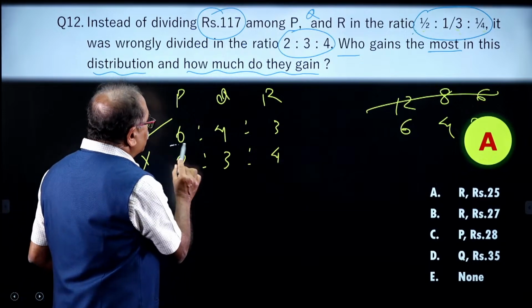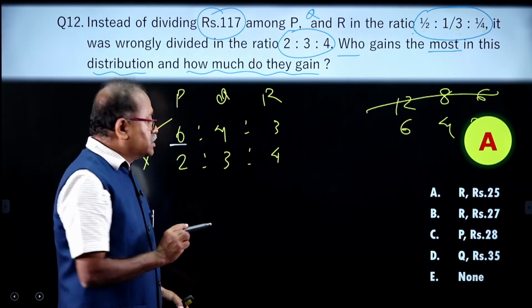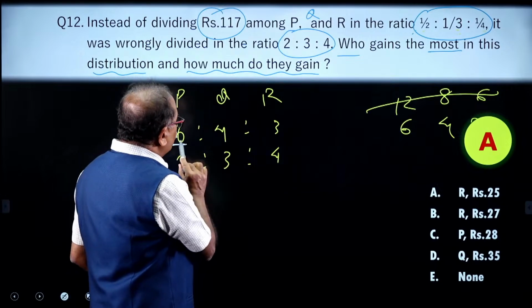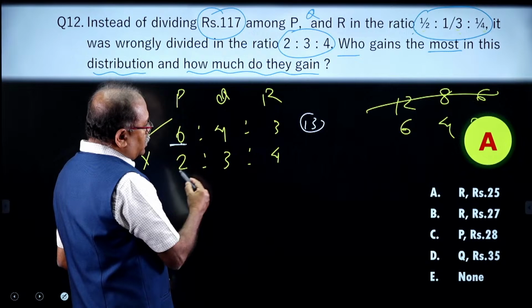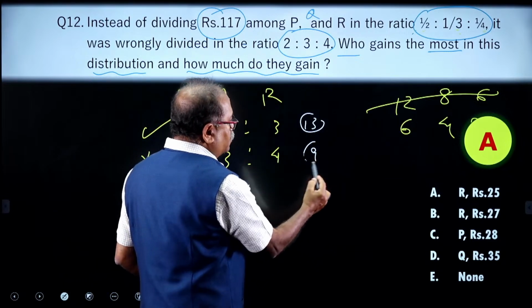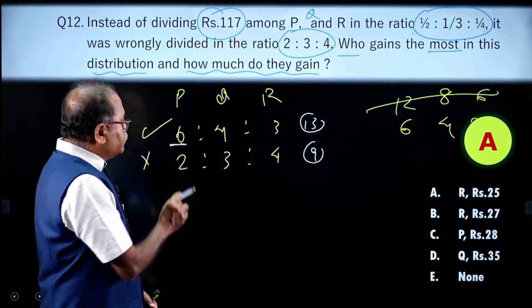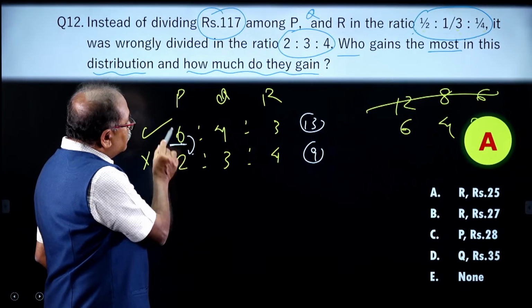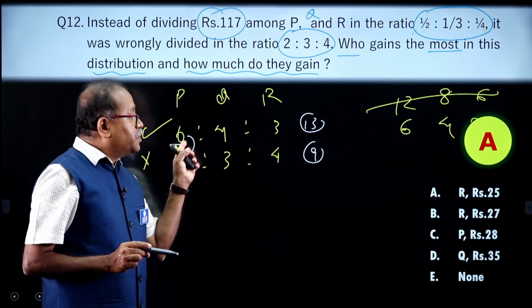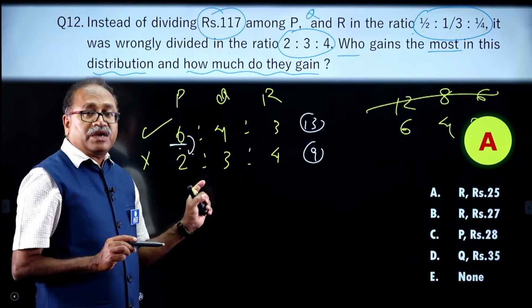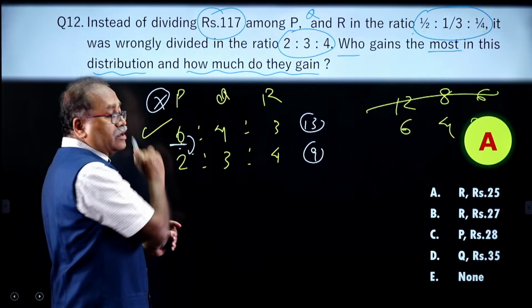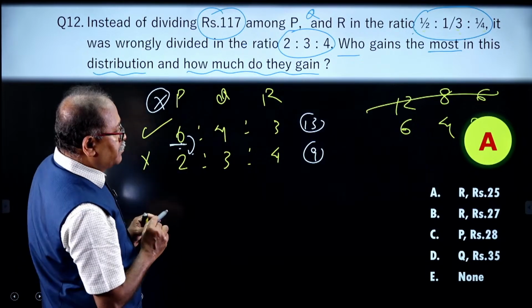Now I can see that P, initially, was getting the 6 part. What is the total part? 6 plus 4 plus 3 is 13. Here it is 13 parts, and here the total is 9 parts. Now observe the comparison. Here P has to receive 6 parts out of 13 parts. Now he is getting 2 parts out of 9 parts. So P is losing.